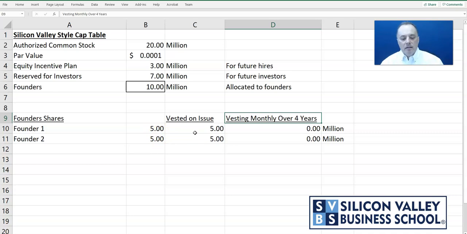The issue here is that if you form this business with the co-founder, and I've actually had this experience as well, and then the co-founder leaves, then the co-founder still has 5 million shares and you have 5 million shares. So the idea is to have vesting, because it makes it more fair on everyone.